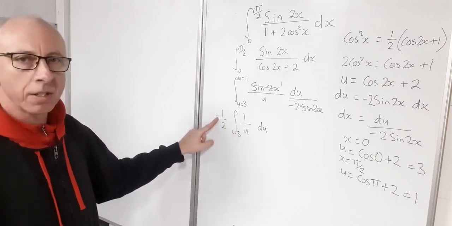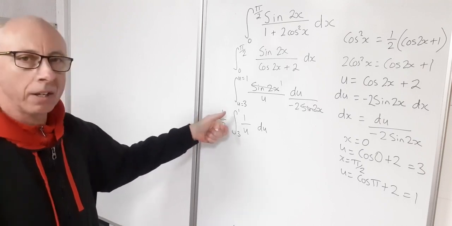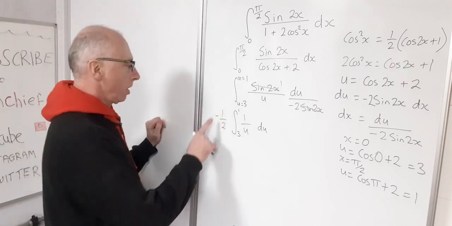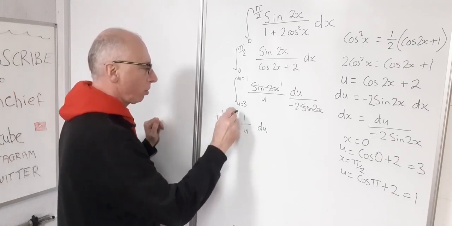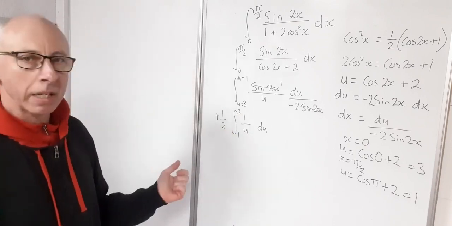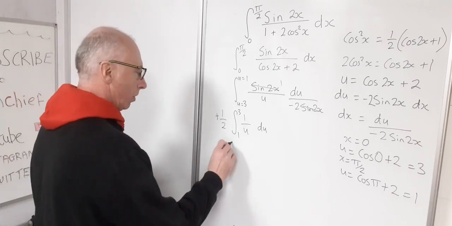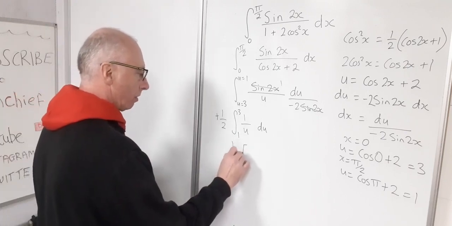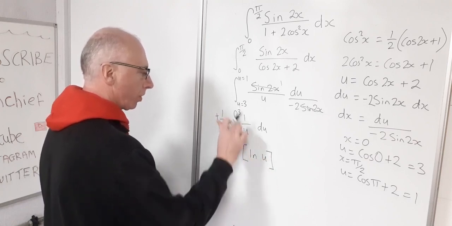So our minus sign here, what we could do is take away that minus sign and flip the parameters. So that would then become a plus, and then on 1 and 3 we could just switch round. Okay, now it's simply calculate this integral, which is natural log of u. So we've got 1/2 times ln of u from 1 to 3.